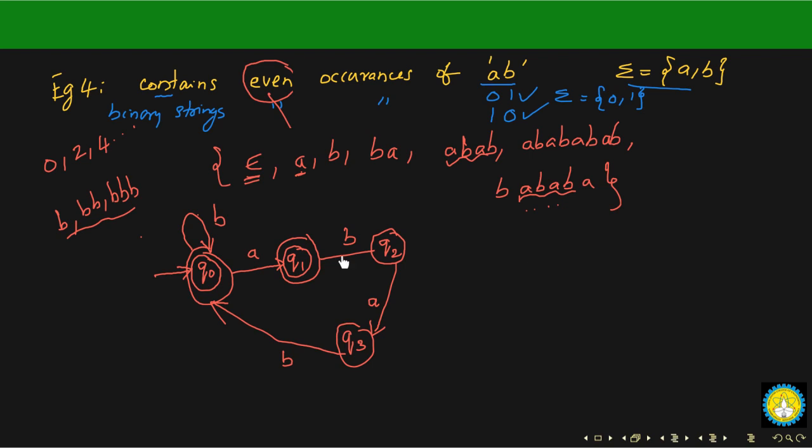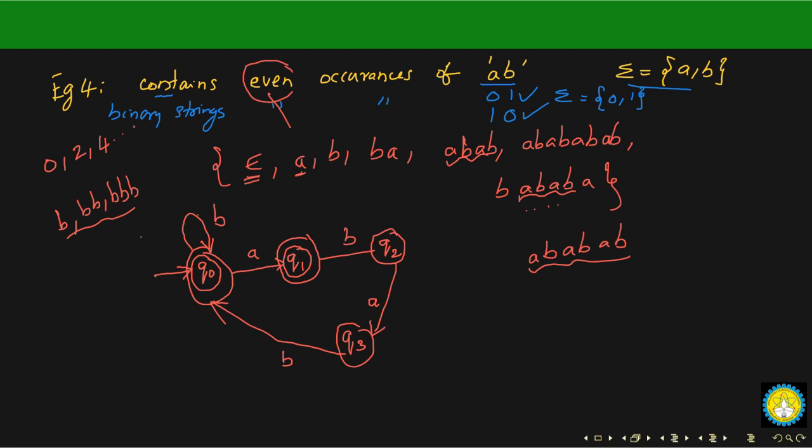Now, what if your string is ABABAB? This contains three occurrences of AB, and it should not be accepted. Let's check what will happen. From here, if you see an AB, you will move here, and then again if you see an AB, you will be here, and again if you see AB, you will be at Q2. So it will not be accepted.